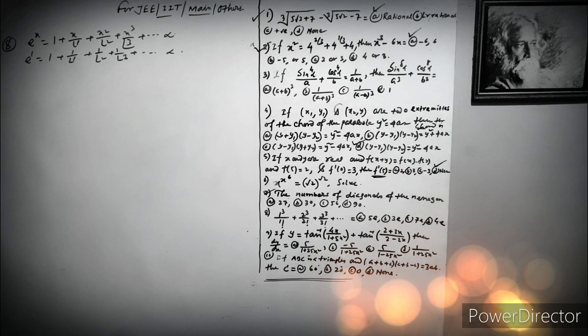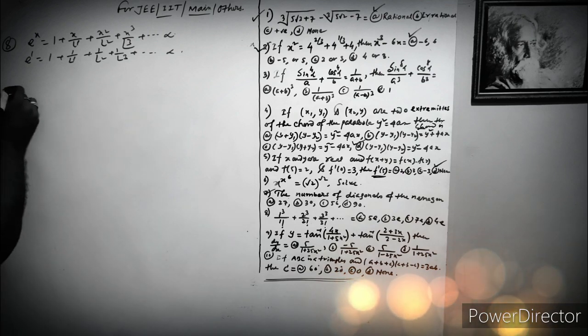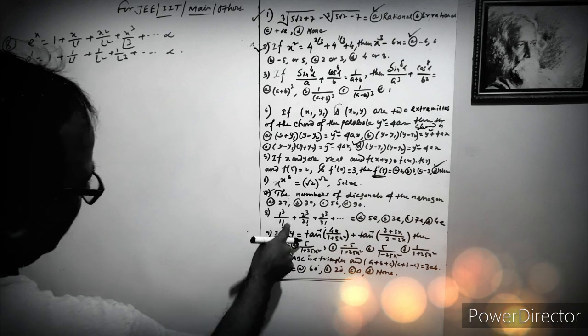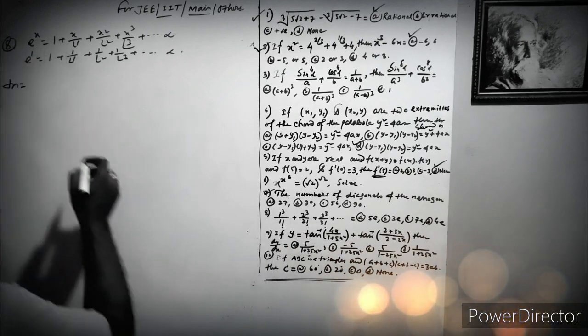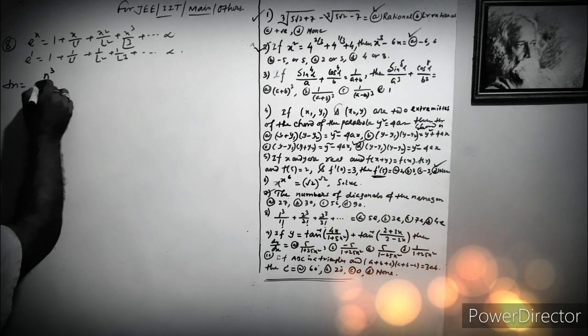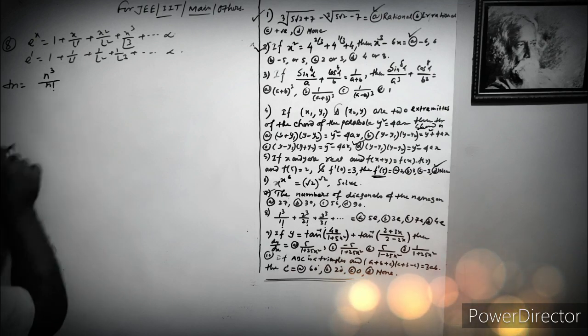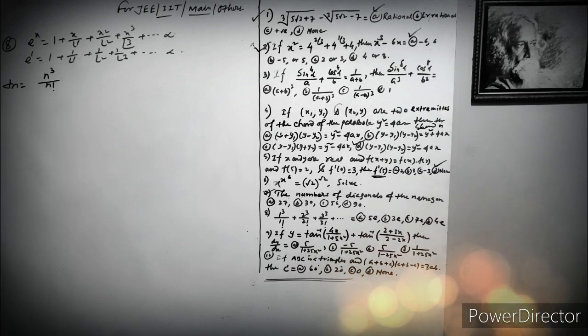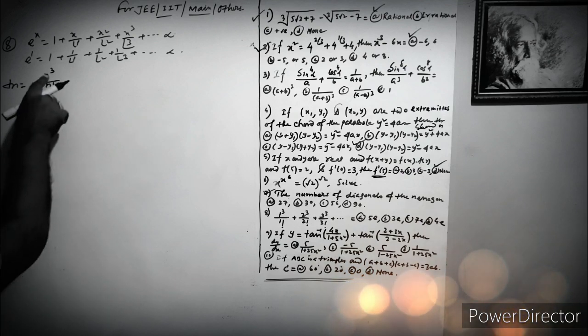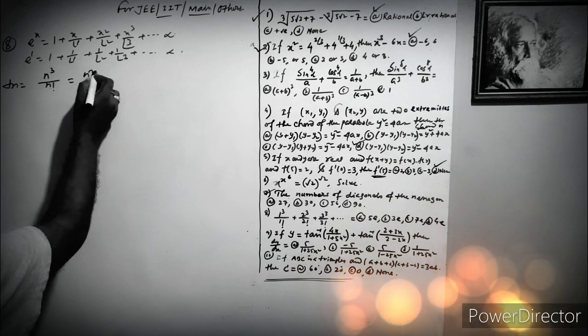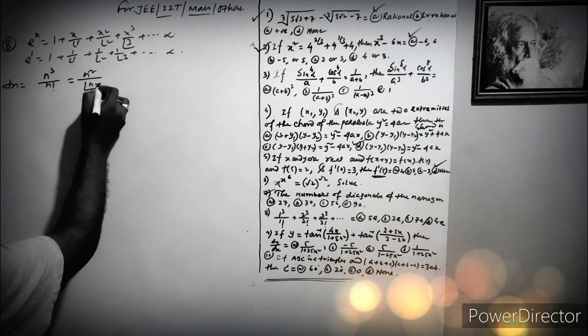Now we have to find the general term. So Tn is 1 cube, 2 cube, so n cube by factorial n. We need to cancel n from the numerator. If we cancel n, we get n square by factorial n minus 1.